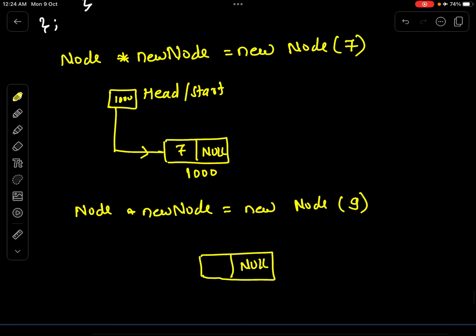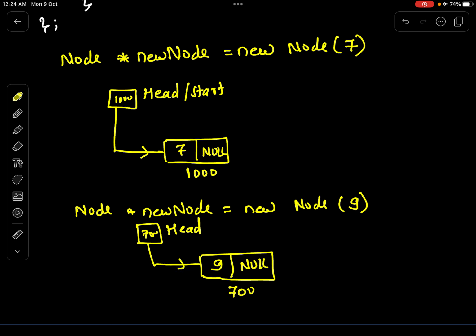So this will be getting null, and here I will be storing 9. Say for example its address is 700. Now again, since it is my starting node, I will keep one extra pointer called head, and head will be pointing to new node, that is 700. So I hope you got this, so that it can point to this.